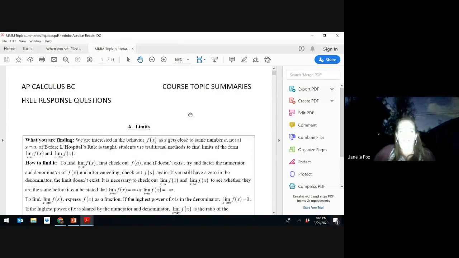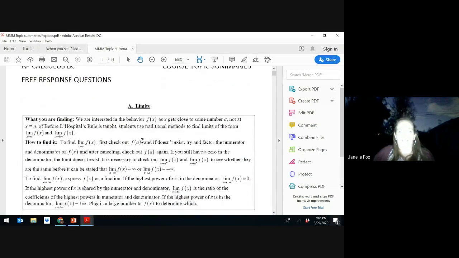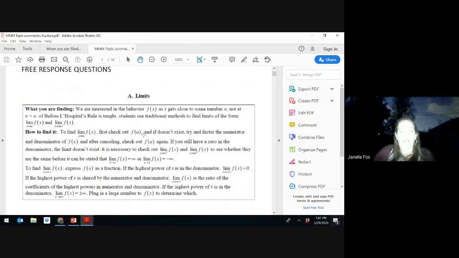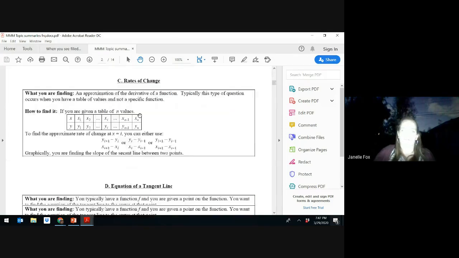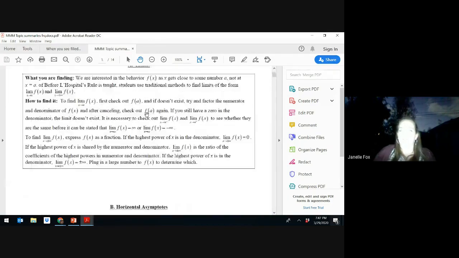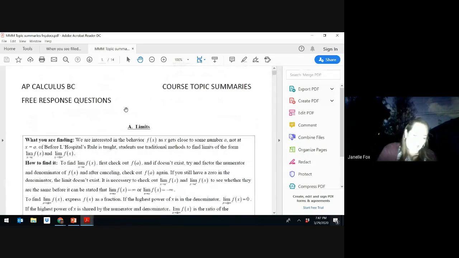And then we got these quick little summaries if you need a more exhaustive summary, because I just did it really quick. You can go in and read these, and they're all by topics, like limits and horizontal asymptotes and all sorts of good things. So of course you're just doing a little bit at a time, but those are going to be your resources for you.